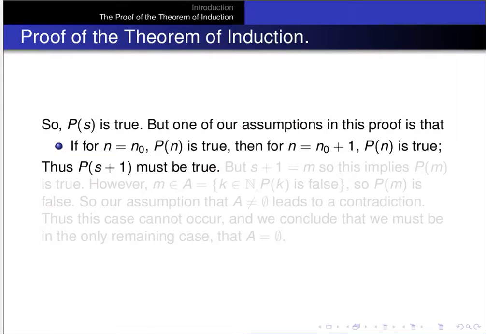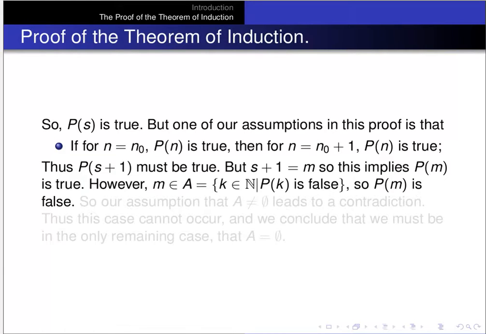That's going to get us into some trouble because s plus 1 is equal to m. s plus 1 is the minimum. So that implies that P of m is true. But of course m is the minimum of A. It's in the set A. So that means that P of m has to be false. So we have a problem here.